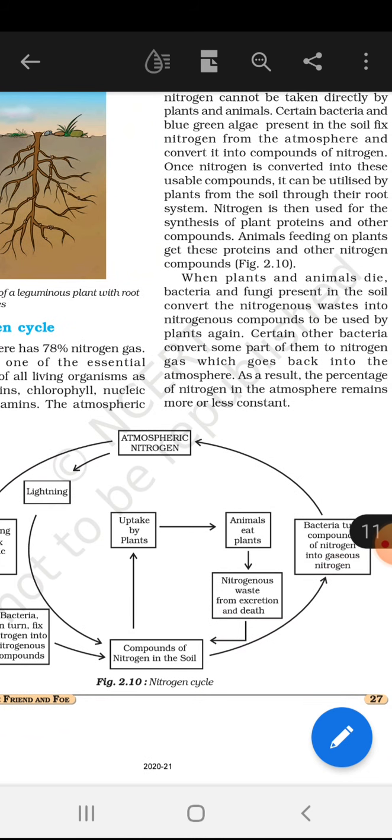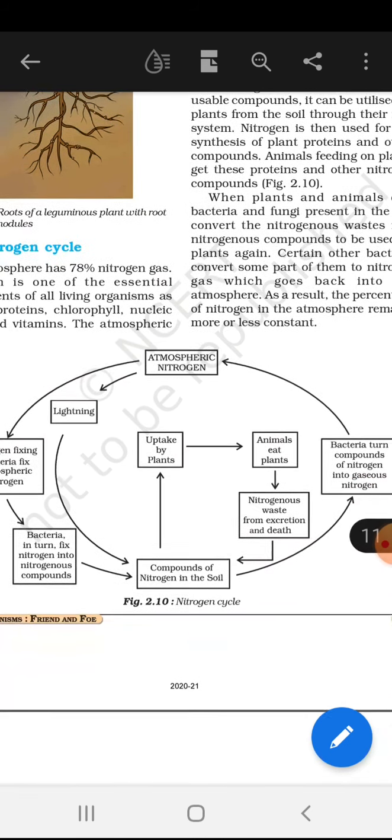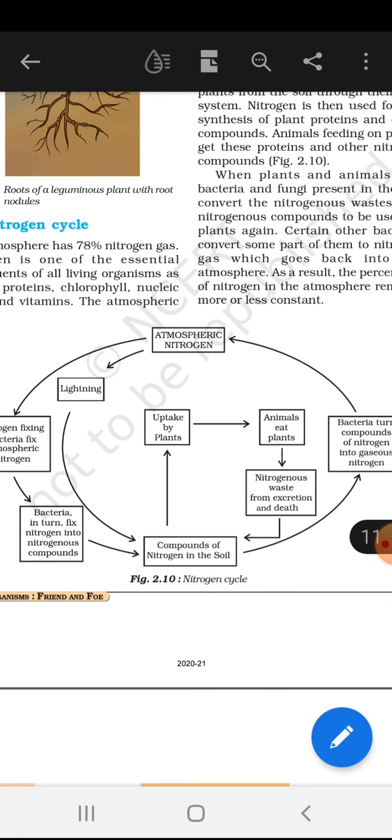In the nitrogen cycle you can see that atmospheric nitrogen is converted into compounds of nitrogen, which are fixed by some bacteria. When the plant takes up this nitrogenous compound and the plant is eaten by animals, and when these animals die, their bodies and nitrogenous waste from excretion go back into the soil.